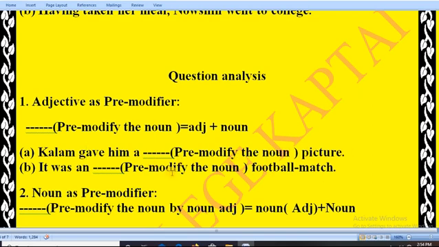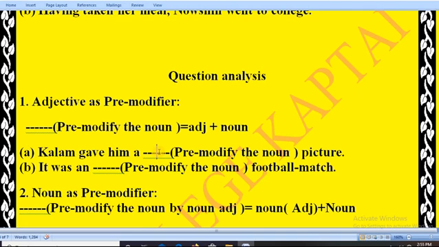Here, pre-modify the noun means before the noun you will add only an adjective. So what type of word can we write here? An adjective. Kalam gave him a dash picture. This answer may vary from student to student, teacher to teacher, right?